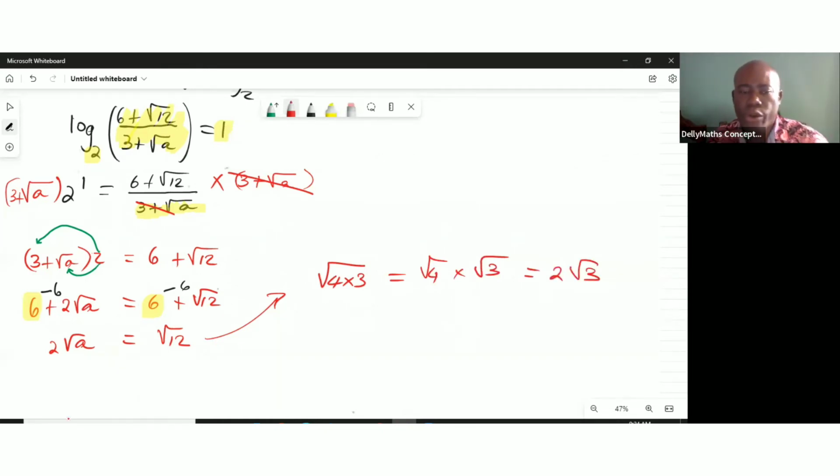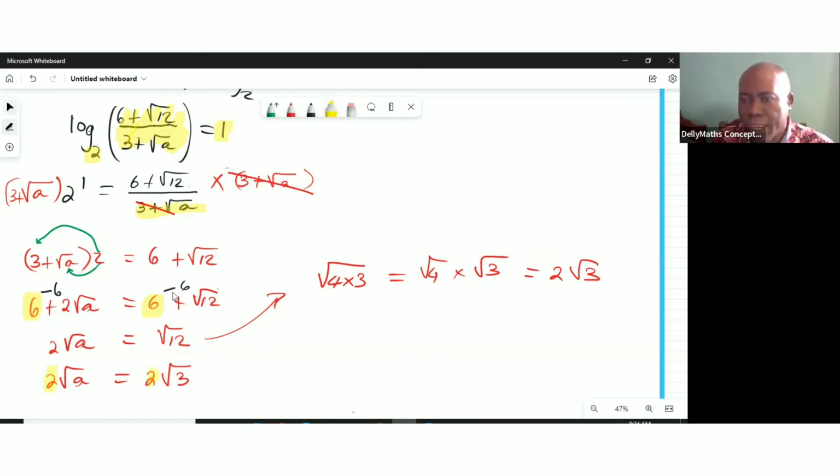So you could see where the root of 12 can now be represented as 2 root 3. And then when I look at this, technically, I'm seeing the answer is 3, but let's break it right down so we could get 3.